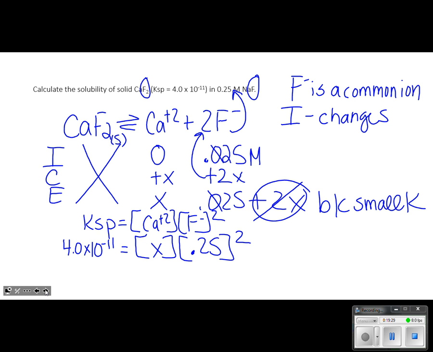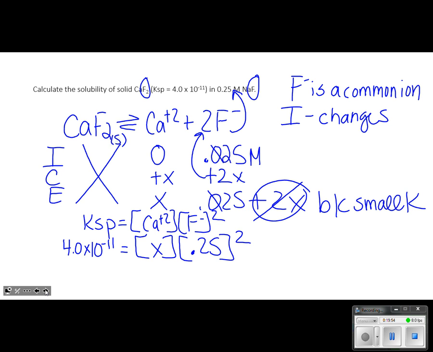So we have 4.0 second exponent negative 11, and we're going to divide that by 0.25 squared. And I think the calculator did not do my order of operations correctly. Let me fix this real quick. There we go.